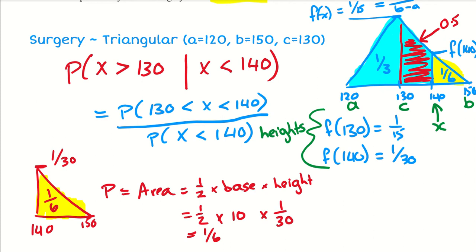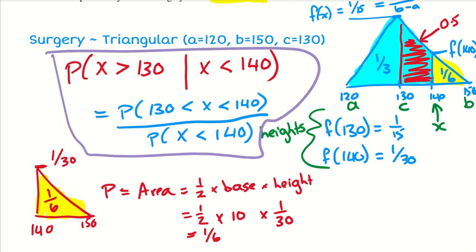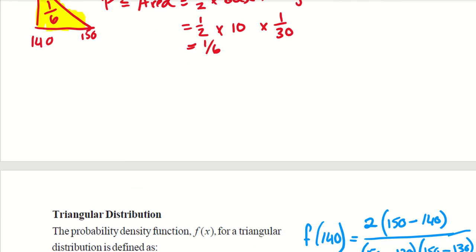Okay, I now have all the probabilities I need. Now what I need to do is actually work out my answer. So now I actually need to calculate this. All right, so I'm going to get some space down here.